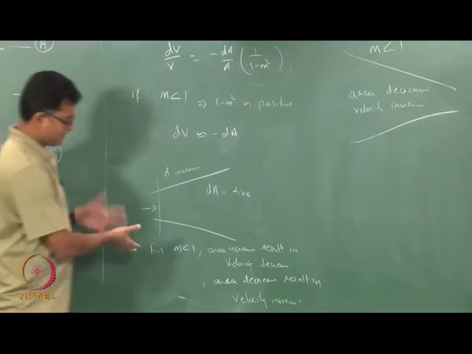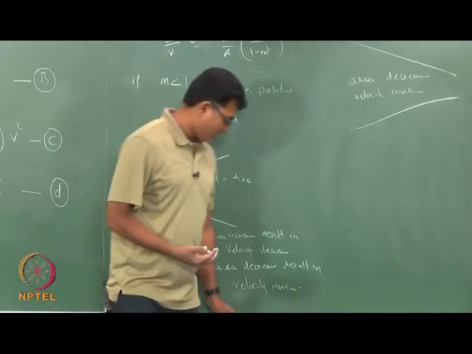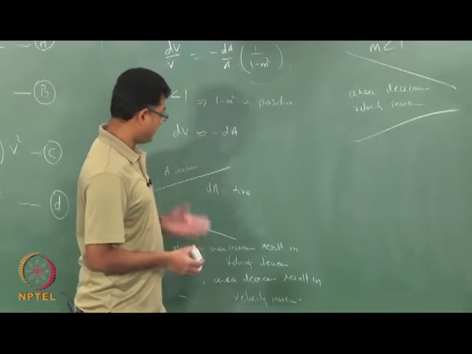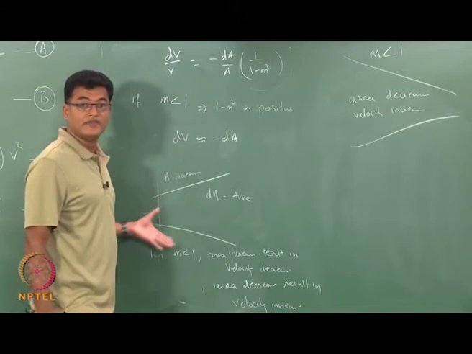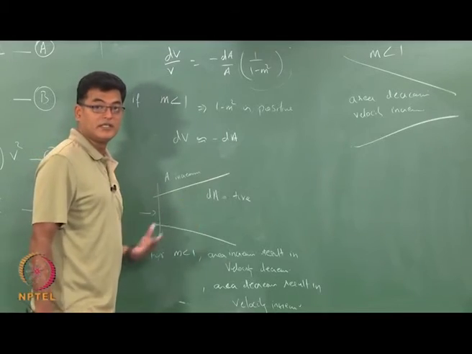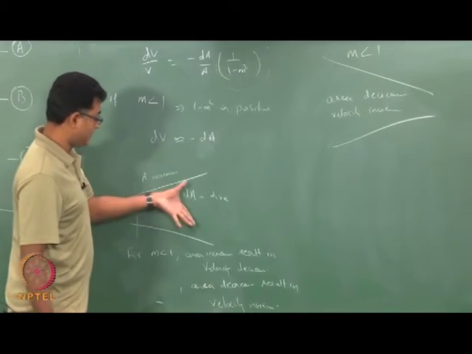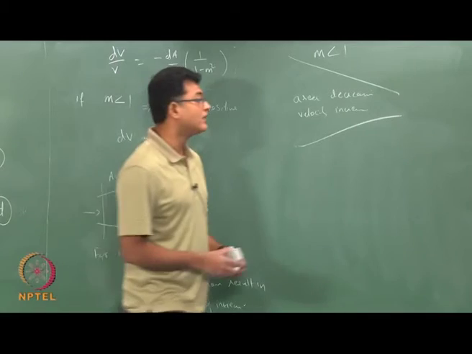Now, this is something which we have already learned in our incompressible flow. When you have water, you use your continuity equation and you find that the velocity is changing according to this. So, this would be a diffuser, that would be a nozzle.